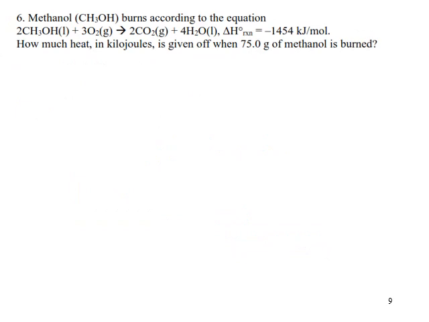We have another question here. Methanol, CH3OH, burned according to the equation. How much heat is given off when 75 grams of methanol is burned? So we start with this information. First, we will find the mole of methanol, CH3OH. To find mole, you take the mass, divide by the molar mass.